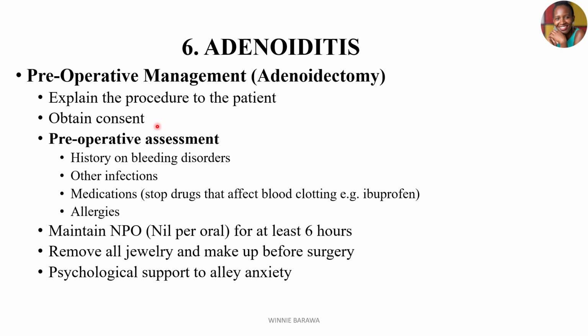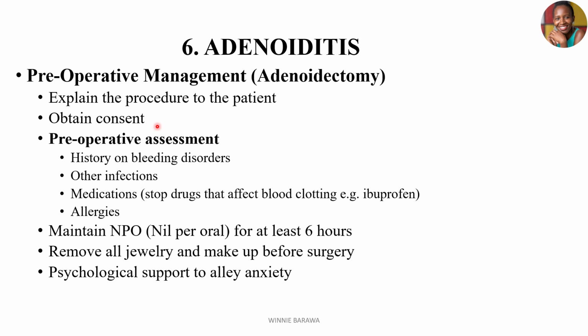So we need to confirm that this is a client who doesn't have any cases of bleeding diseases, more so diseases such as disseminated intravascular coagulopathies, or you can be worried about leukemias and so on. But they can also look at other infections, like are you sure this client doesn't have other infections, so that you don't risk spreading those infections during the adenoidectomy procedures.